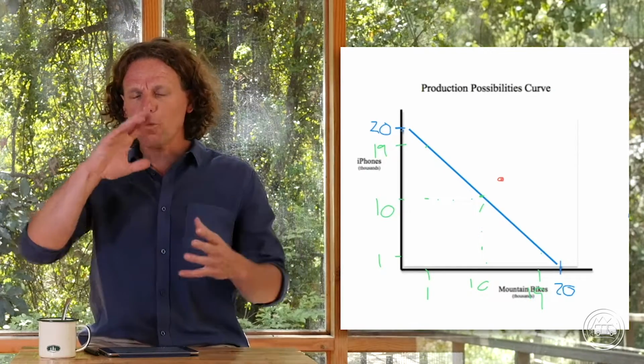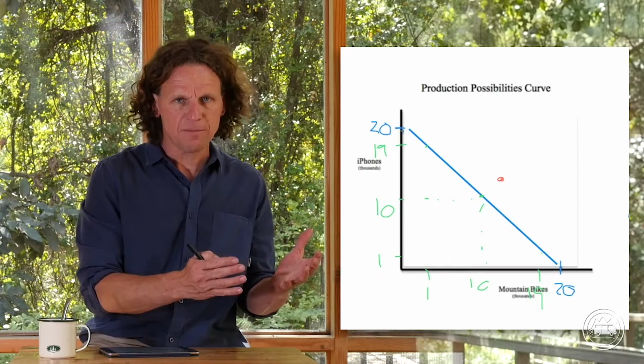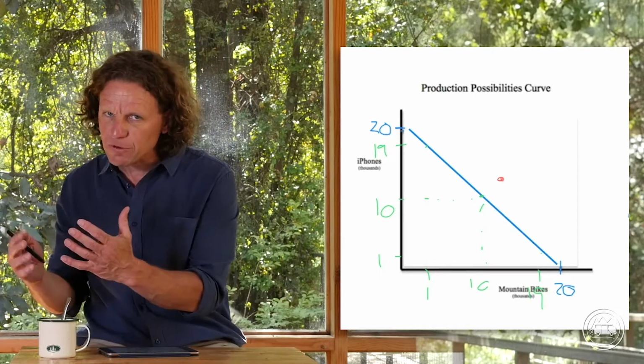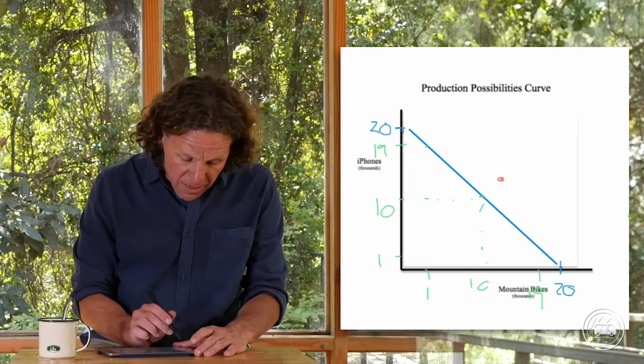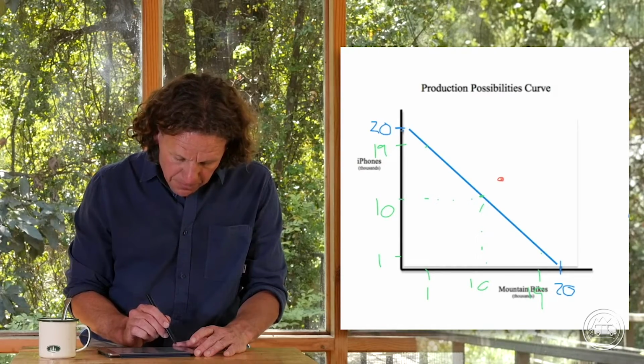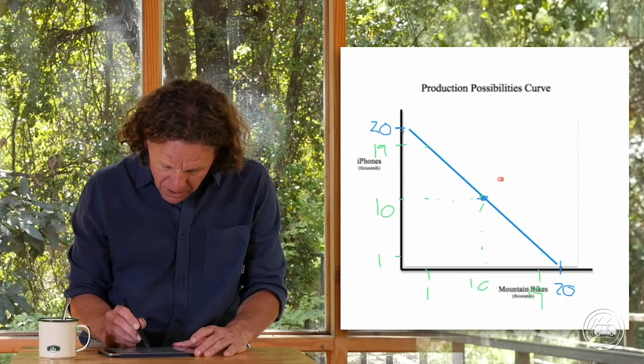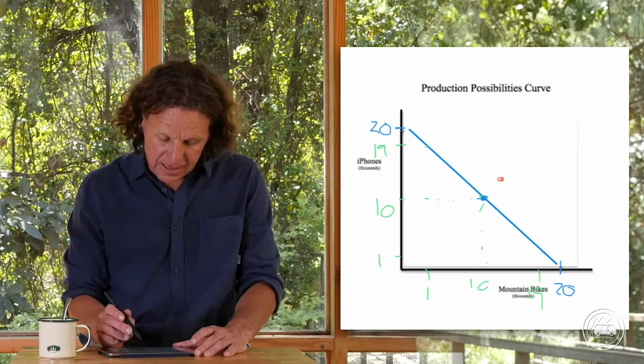So let's assume that we have 10 experts in mountain bikes and 10 experts in iPhones. Where then would we operate? We would operate right here, right at 10 and 10.